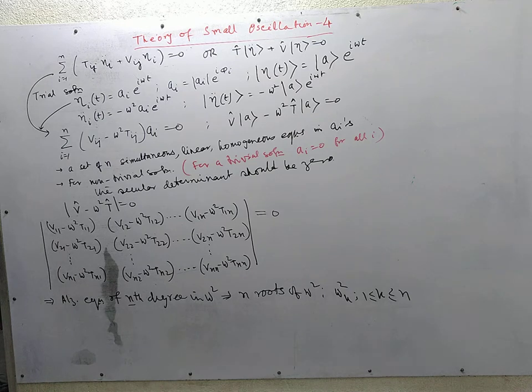So we have n values of omega square, and since we are dealing with a linear differential equation, the most general solution is the linear superposition of all the solutions.